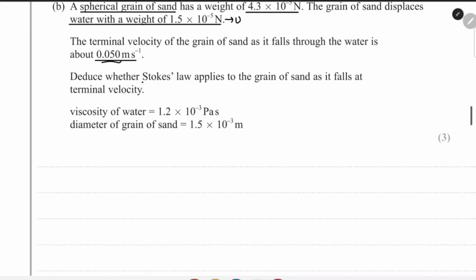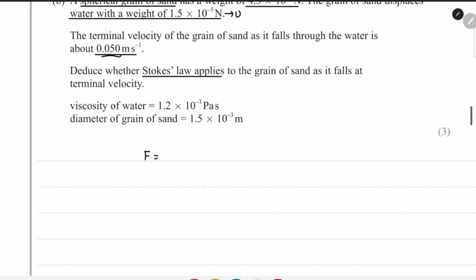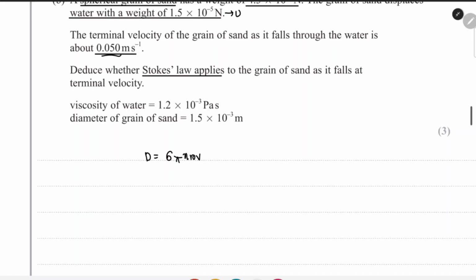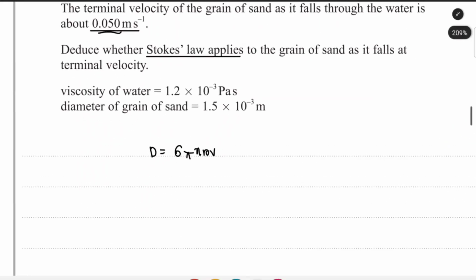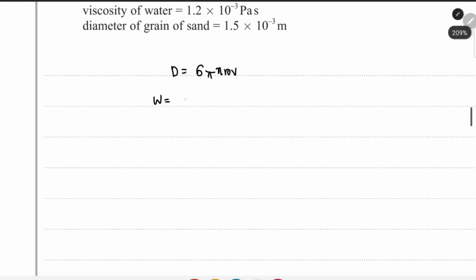We need to find out whether Stokes' law applies over here. So Stokes' law is F equals 6 pi eta RV. So this is the drag force. Now we are given everything. To find out whether Stokes' law applies over here is to figure out if weight equals upthrust plus drag holds up.